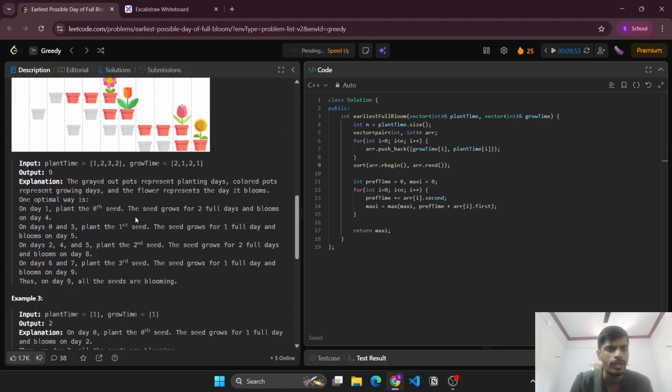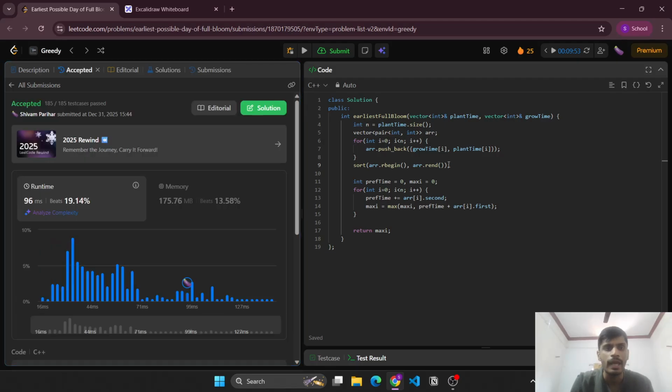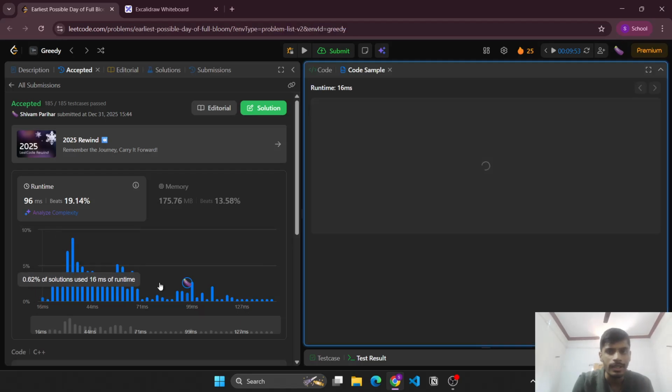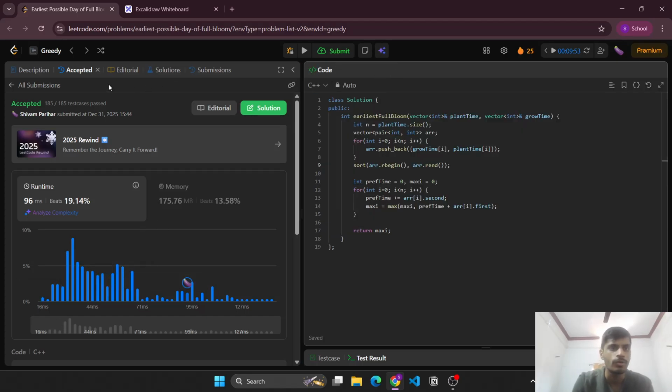Since we know n can go up to 1e5 here, the overall complexity is n log n, and it runs in 96 ms and beats 19% of the solutions only. Let's see the most optimal one. So here it has also created a map to store the sorted order, and then it is increasing. So it has a greater complexity, but still it runs faster. So our solution is optimal, so we know that.